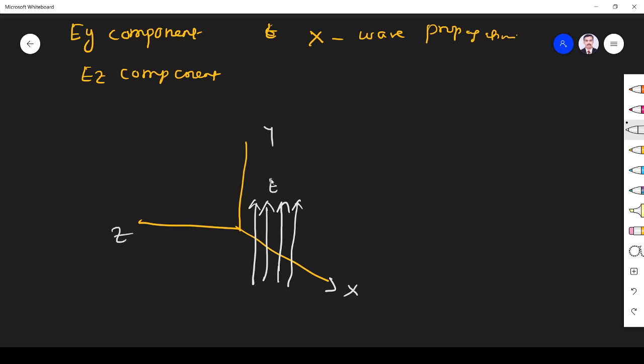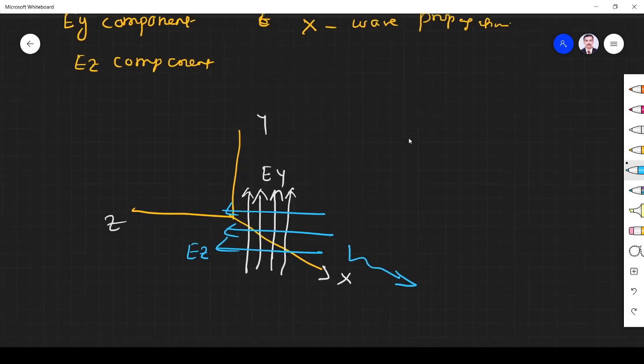The electric field is in the y direction and the magnetic field in the z direction. When the wave propagates in this direction, it appears that this plane is moving. This is what we know as a uniform plane wave.